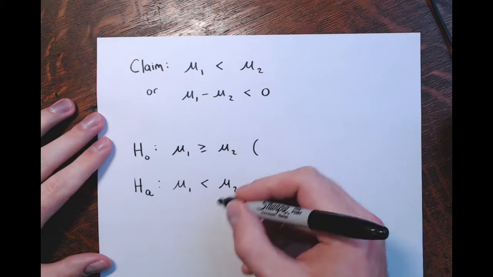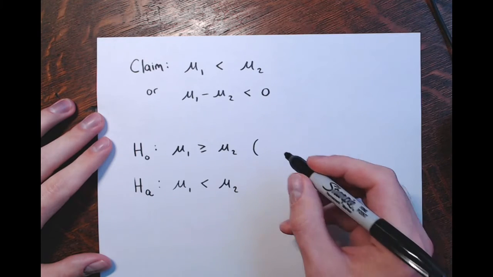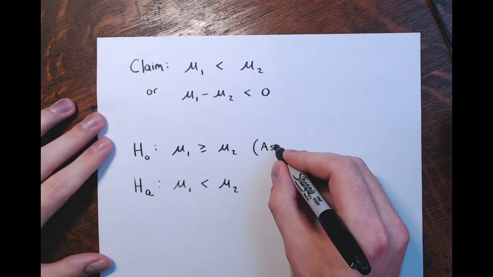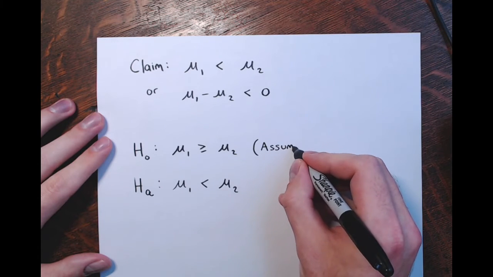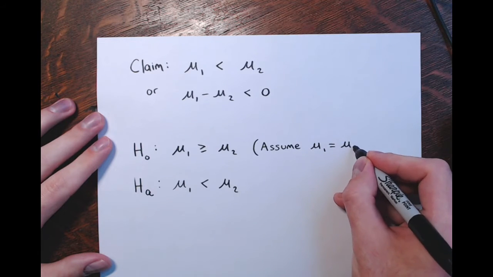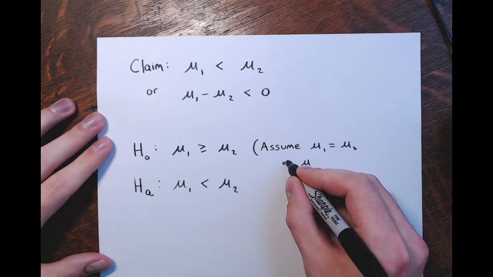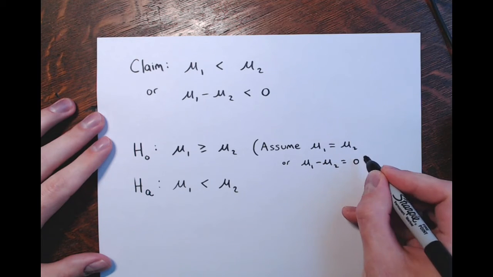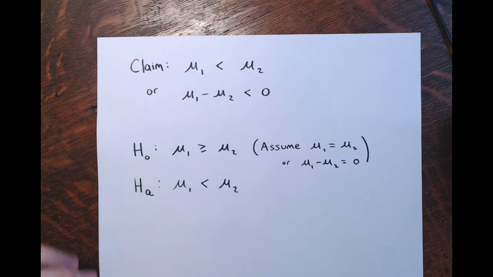But when we actually perform the test and go through future steps, we're going to be assuming that mu1 equals mu2, or that mu1 minus mu2 is equal to 0.